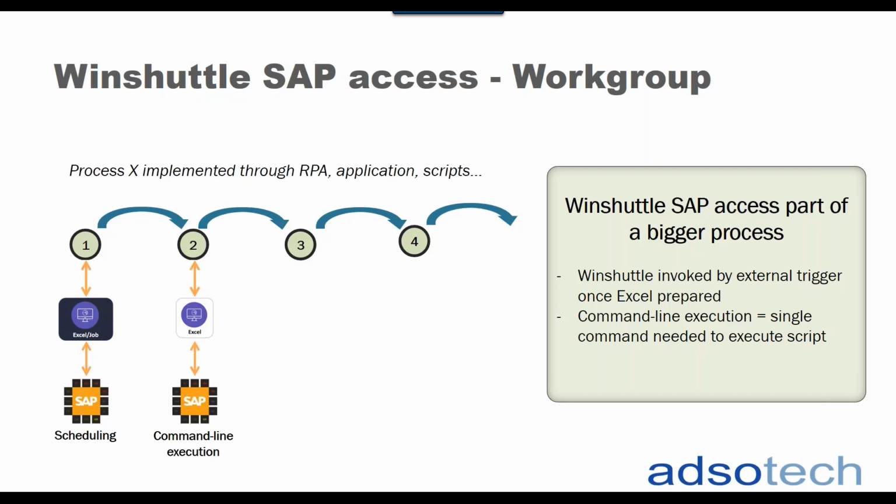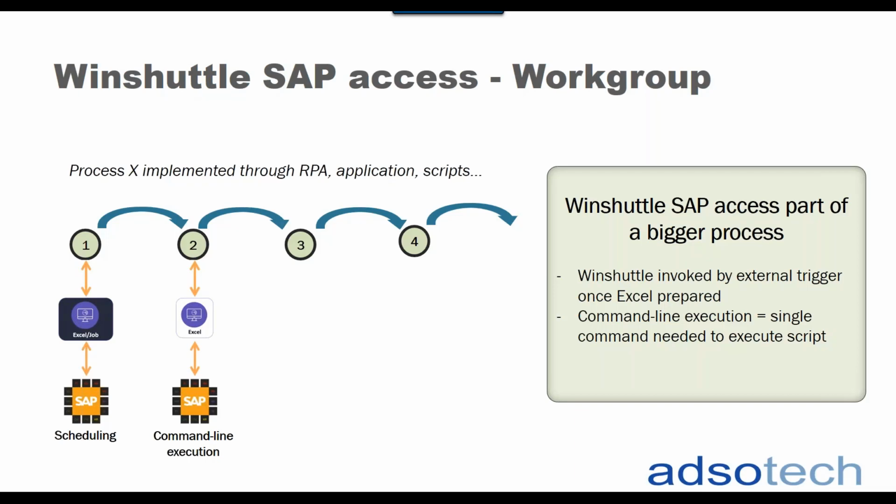So you just have to enter one command to run the complete script. This, of course, makes it easier to integrate this part with other processes. So let's say you have some other process which is doing other things, and then at some point you want to execute this Winshuttle script, so you can just call a single command.